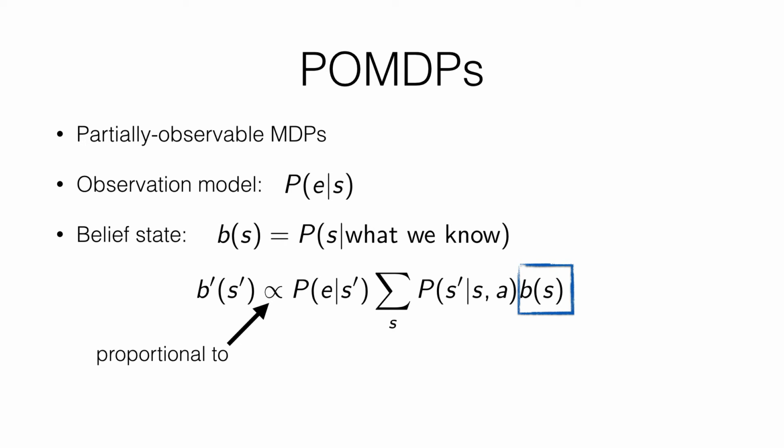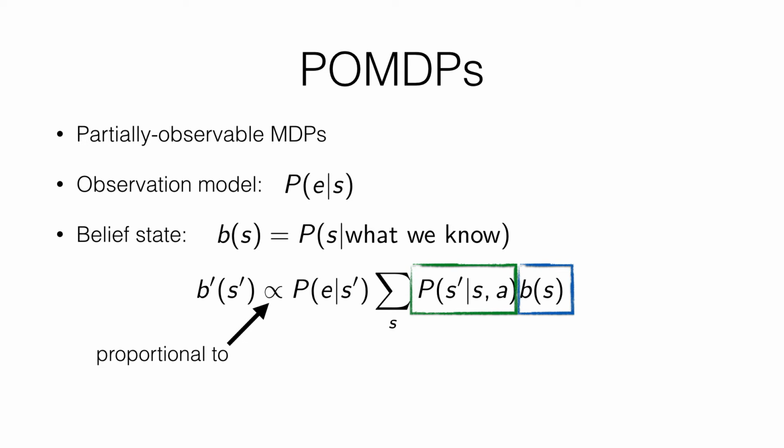So the term all the way on the right is the previous belief state, or current belief state, depending on how you look at it. But it's the old belief state. It says what is the probability that we're in state S given everything we've seen previously. And then this is the transition probability.